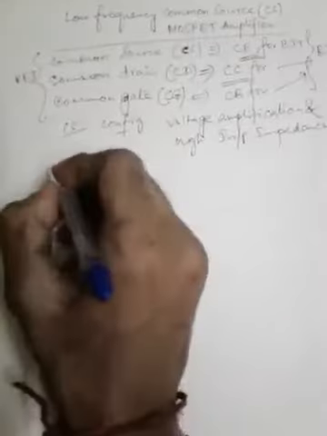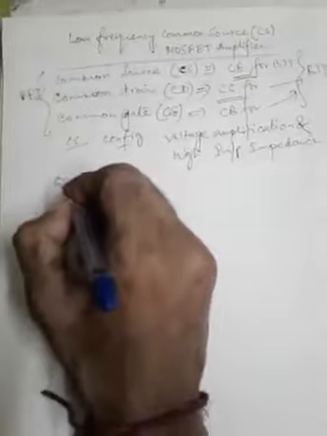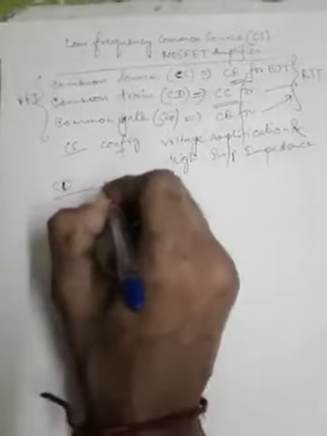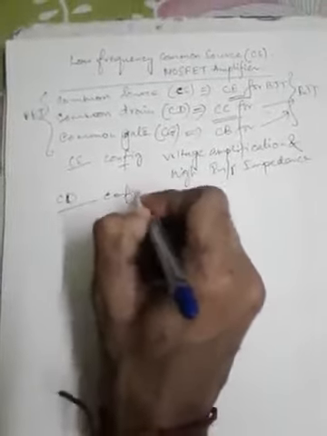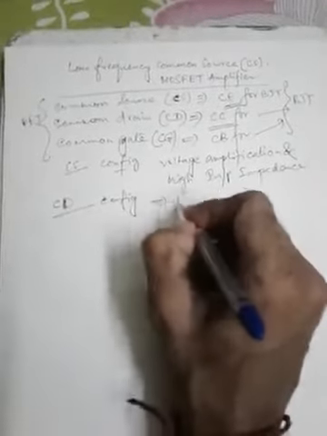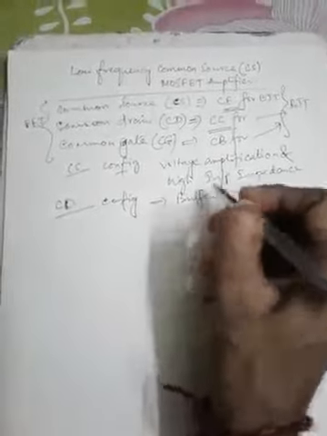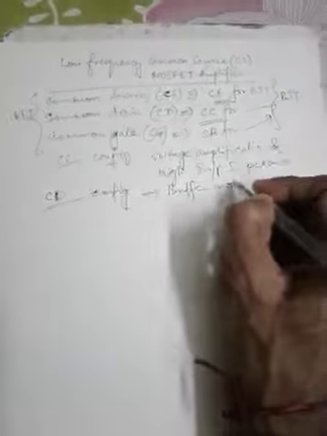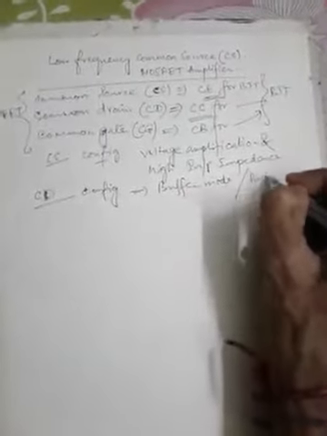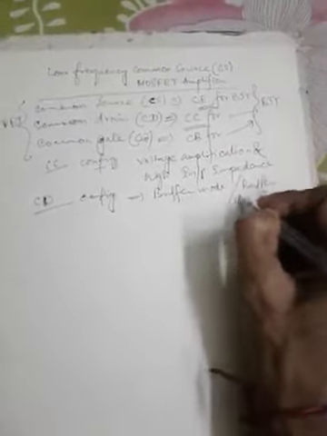The common drain circuit is a buffer amplifier. The CD configuration will be used in buffer mode operation, and it is called a buffer amplifier. What is a buffer? I have already told you in one of my last lectures.